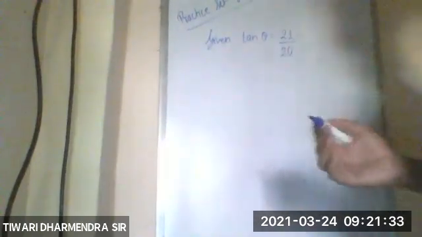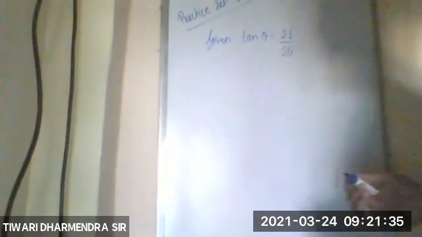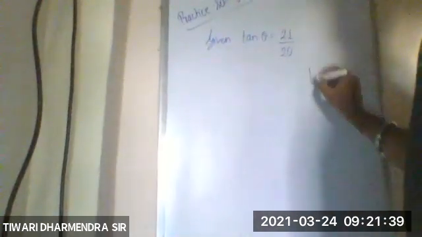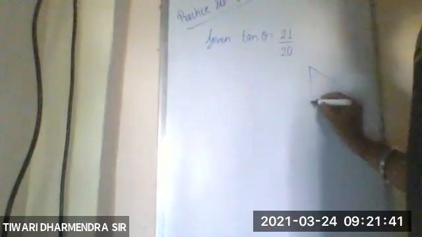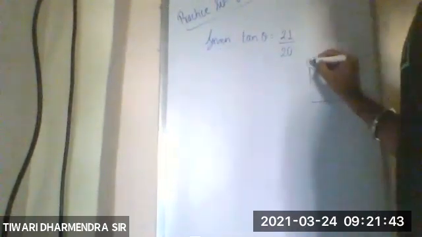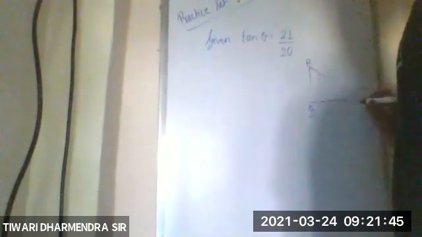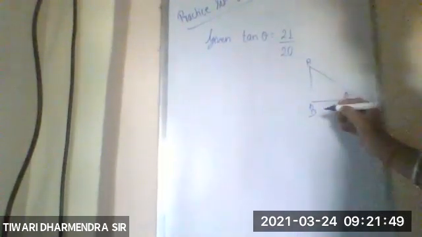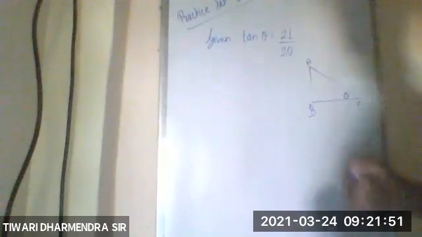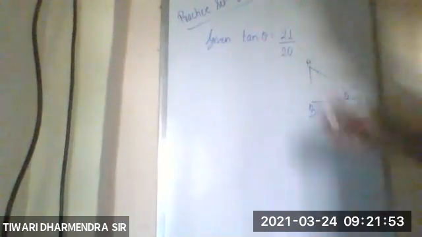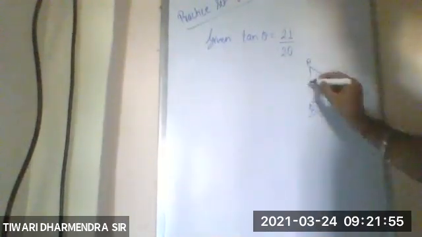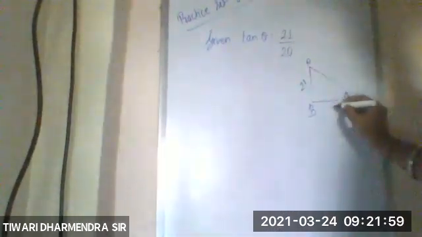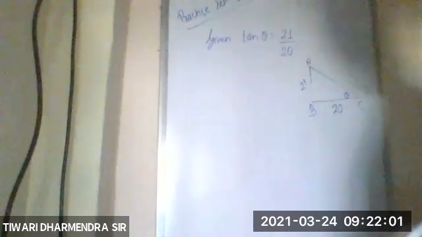the answer directly. Just we need to use the Pythagoras theorem to find the third side. So make a right angle triangle ABC. This is our theta. Formula for tan is opposite upon adjacent. So opposite to theta is 21. Adjacent to theta is 20. I've written here.